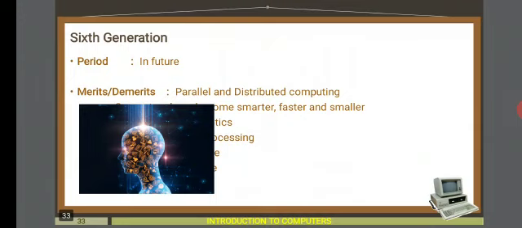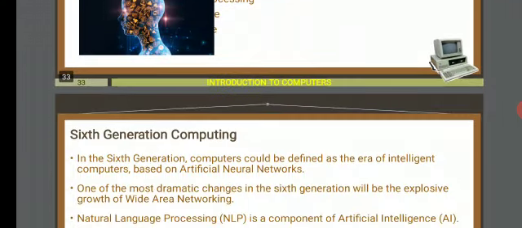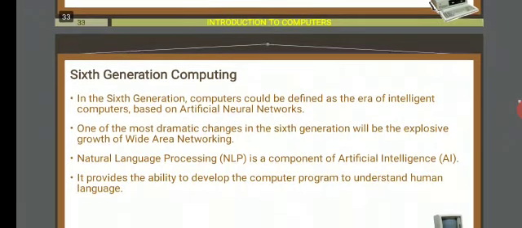So in the sixth generation, in the future, we are going to use very smart, faster and smaller computers. Robotics and artificial intelligence will all come under the sixth generation. So this is about the six generations of computers.